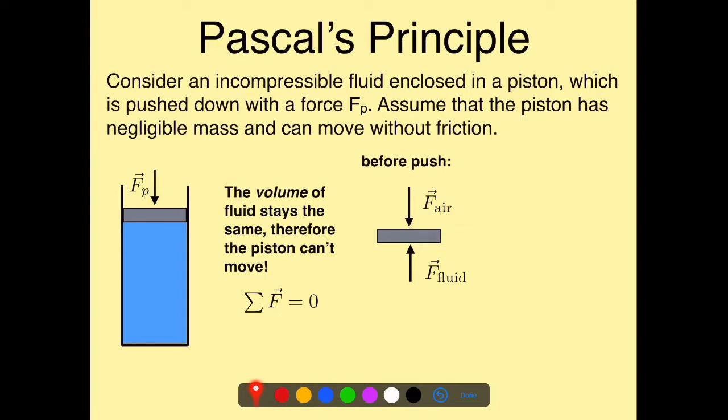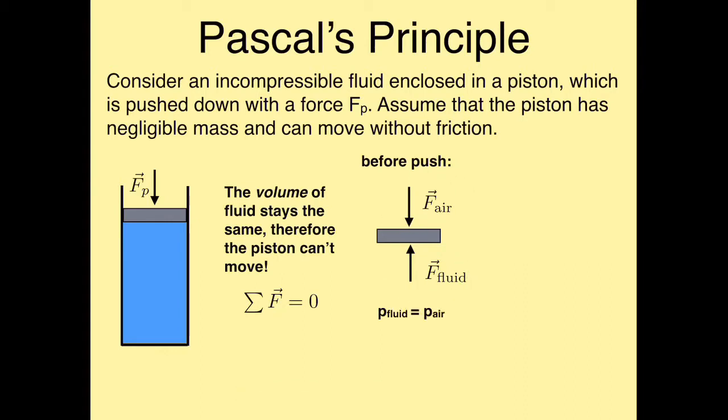And again, the piston has negligible mass, so we'll ignore the force of gravity. So before the push, it's just the balance of these two forces. The fluid below and the air above are pushing with an equal amount of force. And that means the pressure above and the pressure below are also equal. So the pressure of the fluid below the piston and the pressure of the air above are equal before the push.